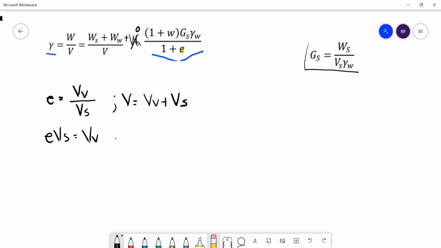And then we substitute the value of this into the equation of the total volume. So we would have V, the total volume. Iba na to ha.